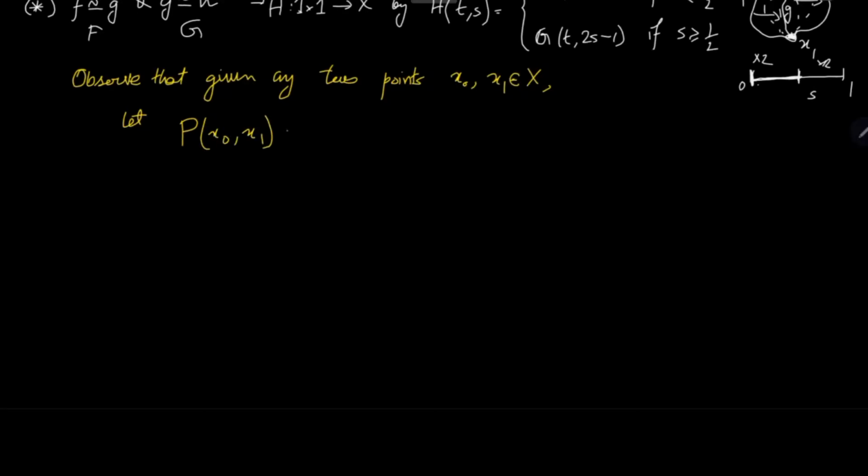We define this to be the set of all paths from x0 to x1, such that f of 0 is x0 and f of 1 is x1. This is not really a space as such, so we don't really need to call it anything.